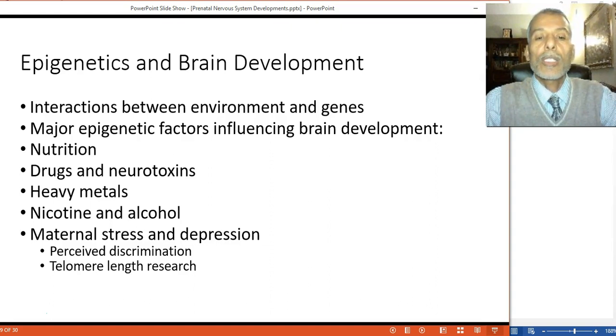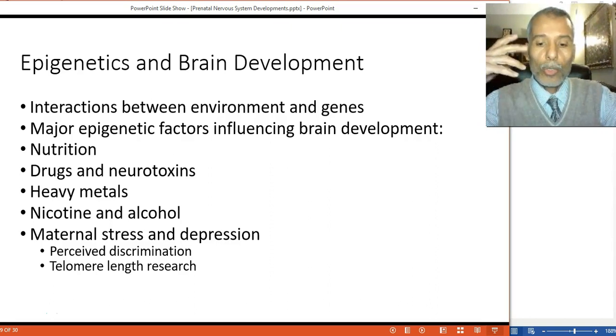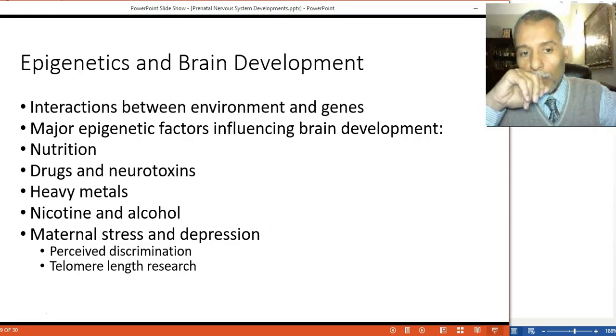Maternal stress, especially, causes elevation of the cortisol level in the blood, and that ensures that the blood pressure is high. It ensures that the stress response is elevated in the body. And if it continues for a long time, of course, it leads to heart disease. It leads to cardiovascular abnormalities, and that could lead to strokes or heart attacks and so on.